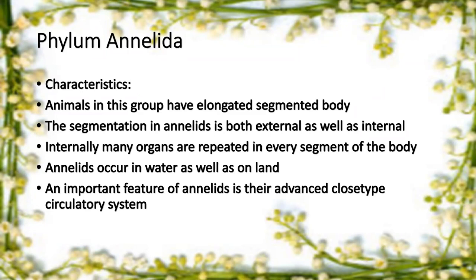From the outside, you can see the segments, but from inside each and every segment is completely separated from the other segments, because segmentation in annelids is external as well as internal.